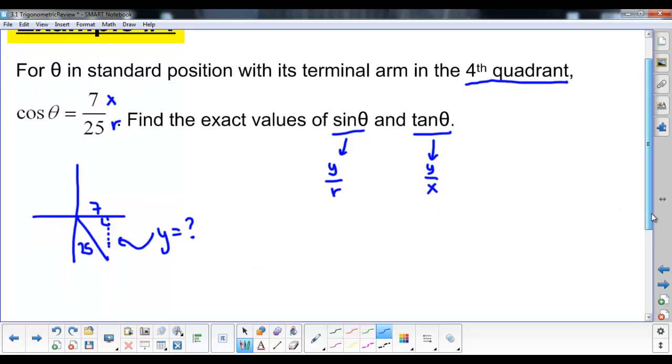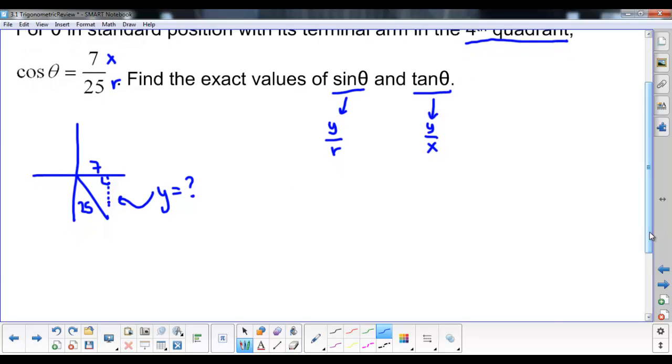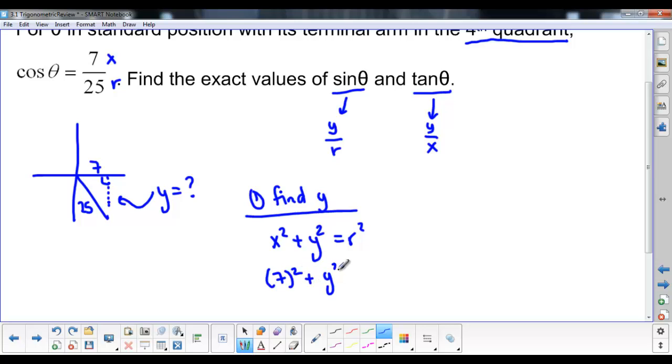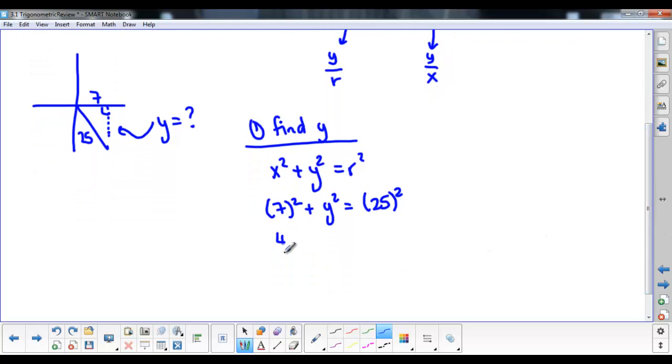And again, from the first page, we are going to use the Pythagorean theorem. So step 1, we're going to find y. So x squared plus y squared equals r squared. And so we're filling in what we know. I know the x value here is 7. We don't know the y value, but I do know that the r value is 25. So if we simplify that a little bit, we're left with 49 plus y squared equals 625.